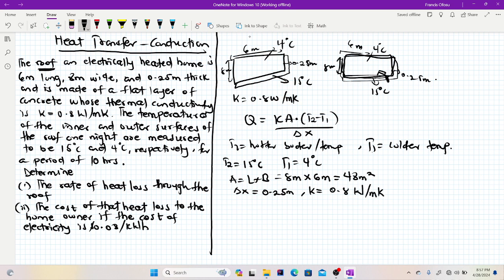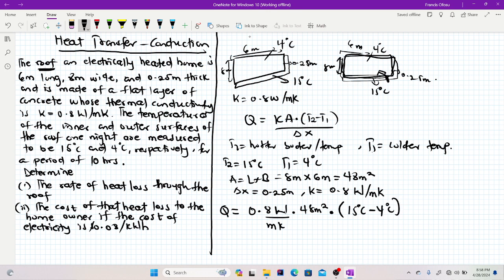Let's do substitution. Our K is equal to 0.8 watts per meter Kelvin. I want us to put in the units so that we can know the actual unit for what we are finding. Our area is 48 meters squared. Then our change in T is 15 degrees Celsius minus 4 degrees Celsius.